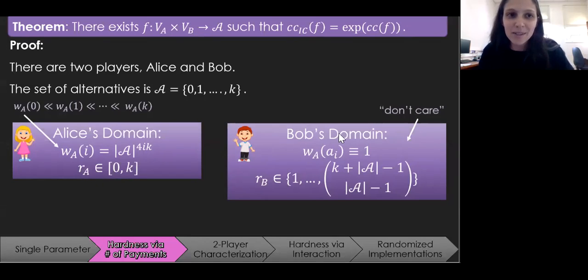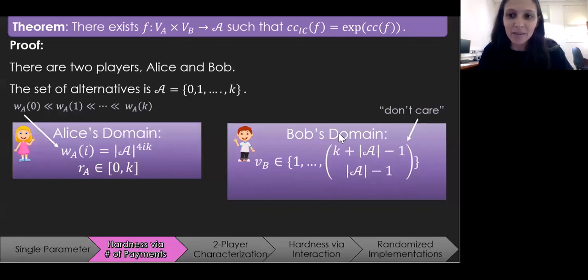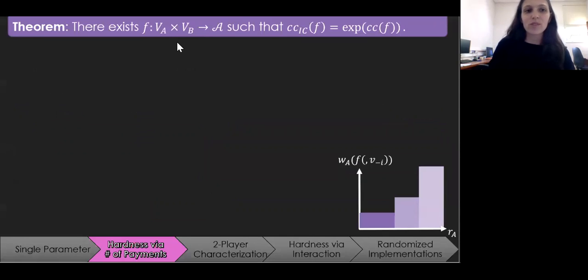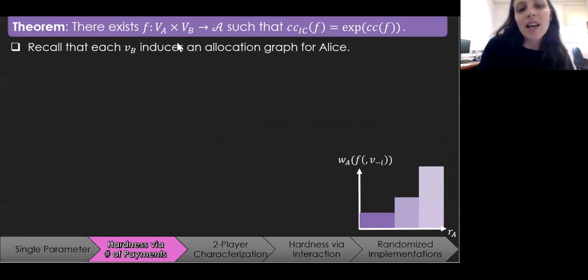Okay, so let's continue. As we've seen in the observation, each value of Bob induces an allocation graph for Alice. The reason is that all the other players induce for each player an allocation graph, and in this case we have only one other player.